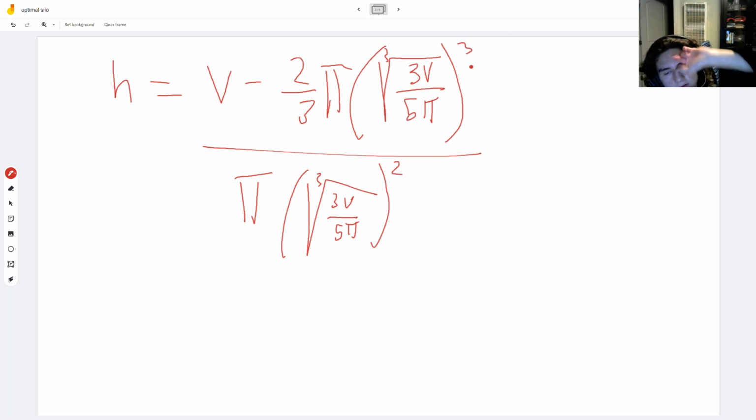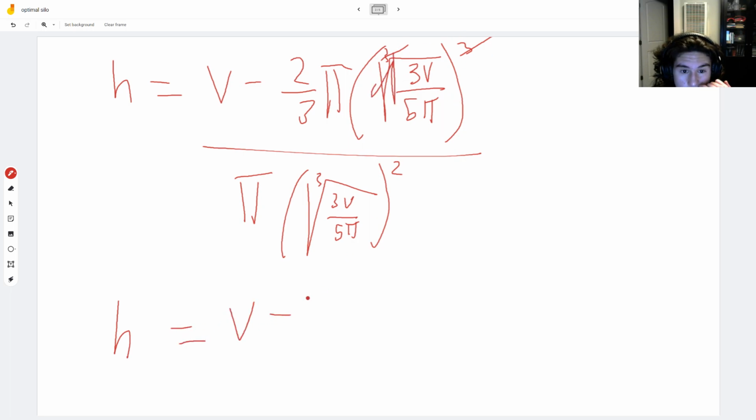This is also the third power. Forgot to include that. So now all we have to do really is just do a lot of simplifying to see how they compare. So what we can do first is distribute this. So basically the third root cancels. So h is equal to v minus 2/3 pi times 3v over 5 pi, right?